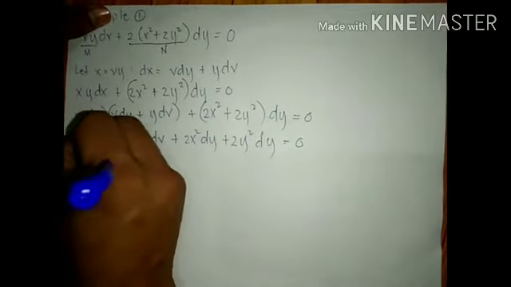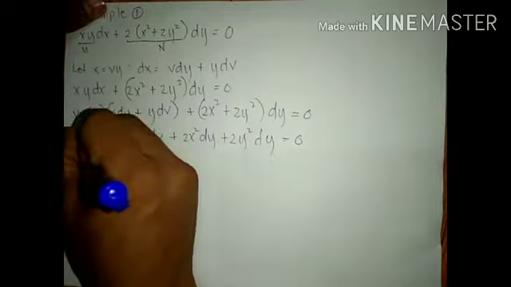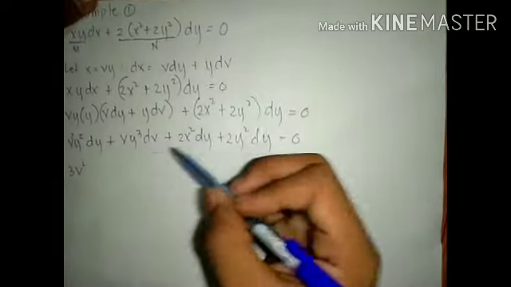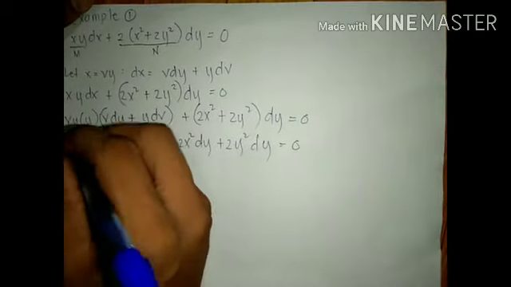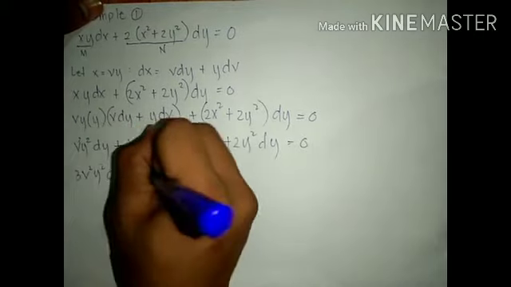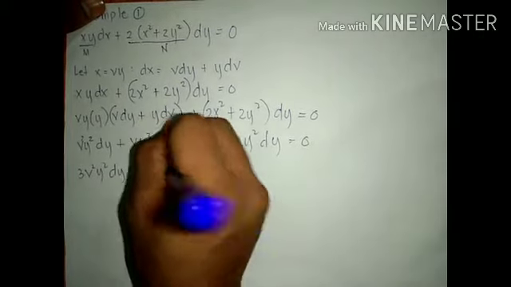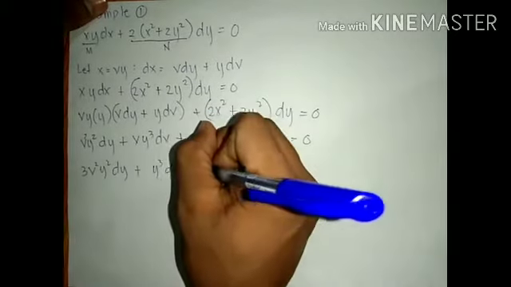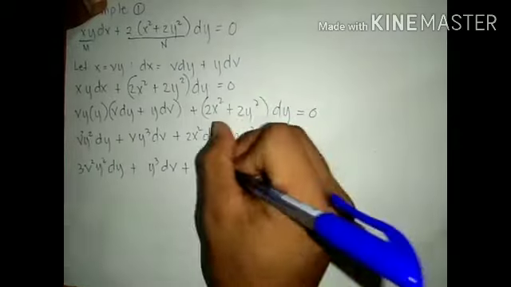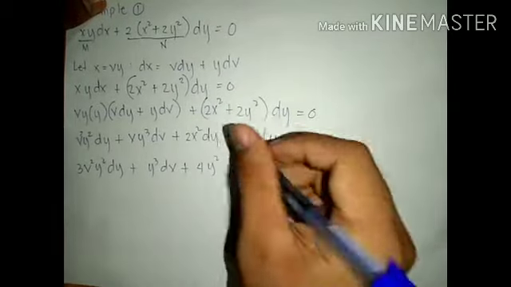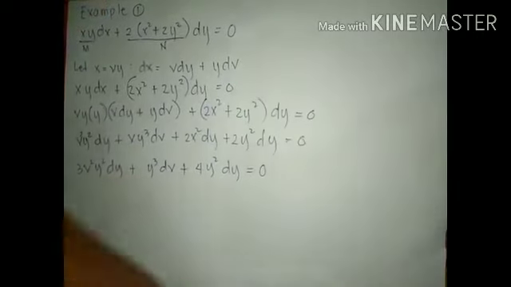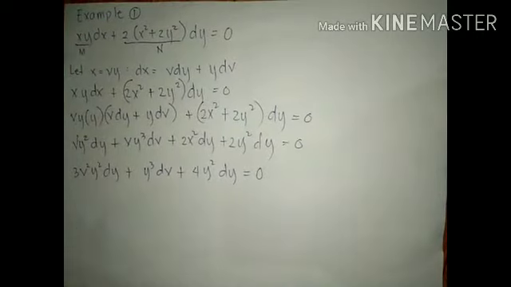Then 3v y squared dy plus y cubed dv plus 4y squared dy equals 0.